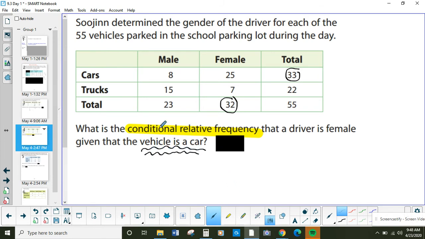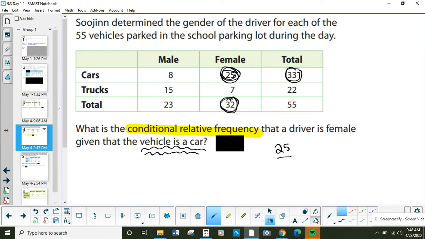Okay. So what's the relative frequency that the driver is female? So I take 25 because there's 25 females of all the cars. I don't do 25 females or 25 cars of all the females.